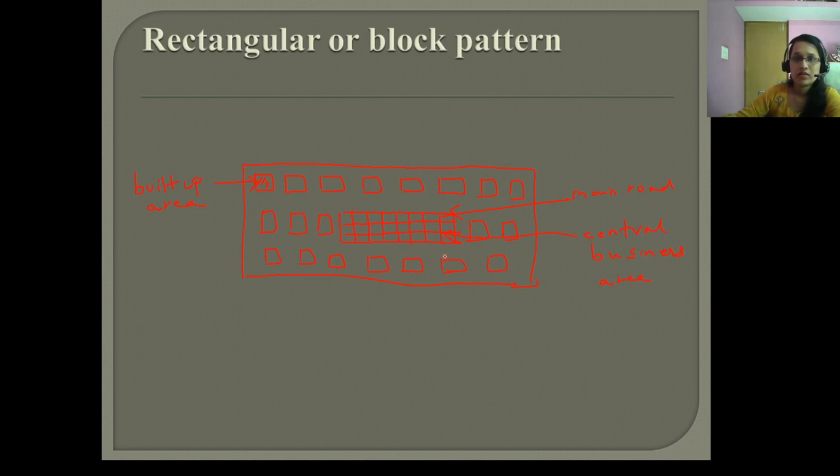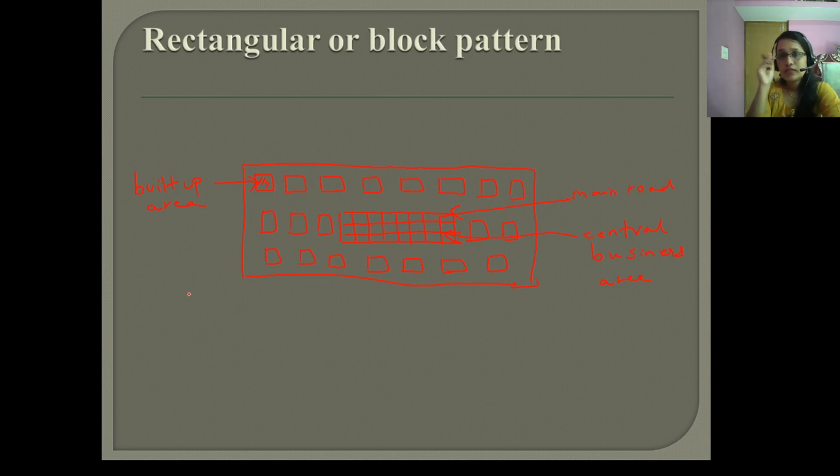And you can see here the rectangular block pattern. It is a plan where streets and roads are in the form of grids. You can see here grids or blocks running perpendicular to each other, thus forming a grid or a block.